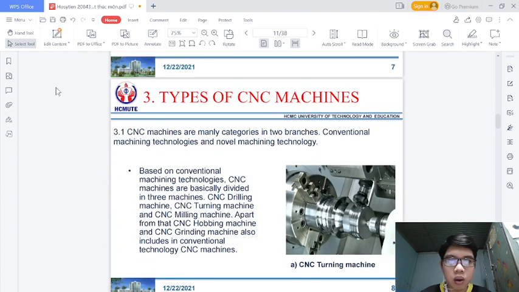3. Types of CNC machine. CNC machines are mainly categorized into two branches: conventional machining technology and novel machining technology.